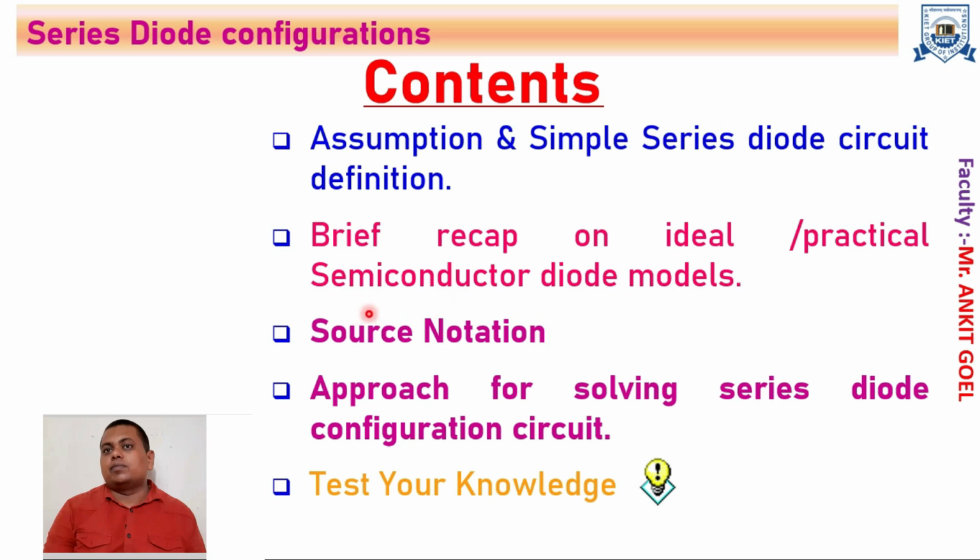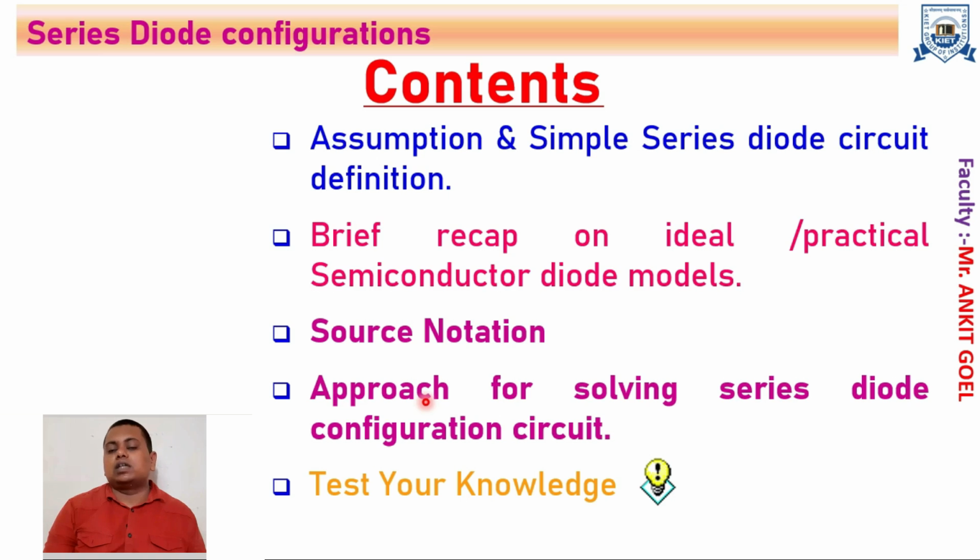It is also a very important concept while solving the numericals of the series diode. And in the last we will solve the series diode configuration circuit step by step and see what approach we will follow. And in the last we have the quiz based on our discussions in the test your knowledge session.